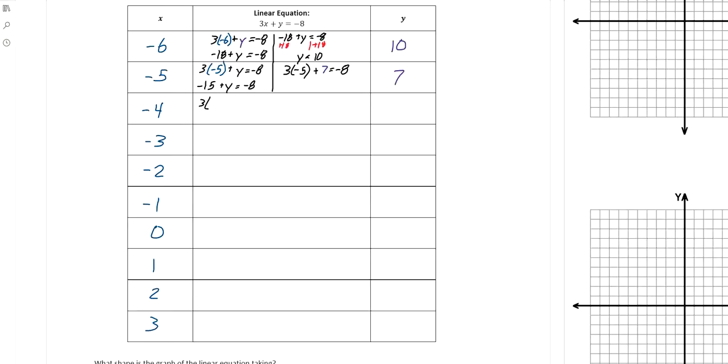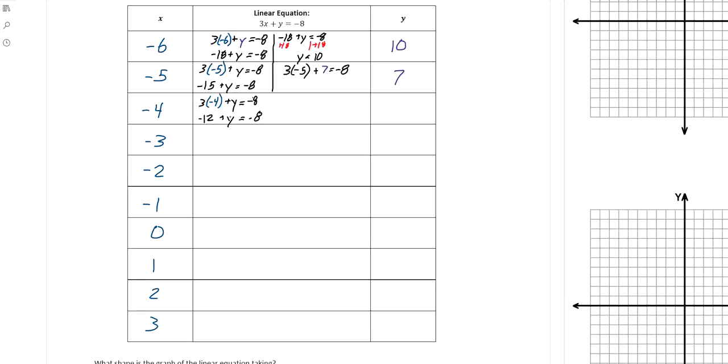So again, substitute in 3 times -4. Put in the rest of the equation, plus y equals -8. 3 times -4 is -12. -12 plus y has to equal -8.